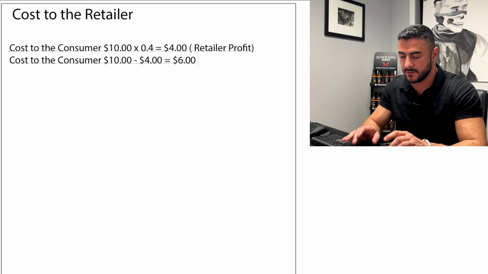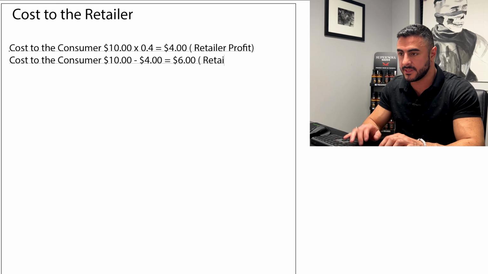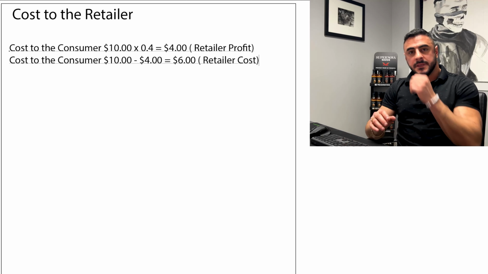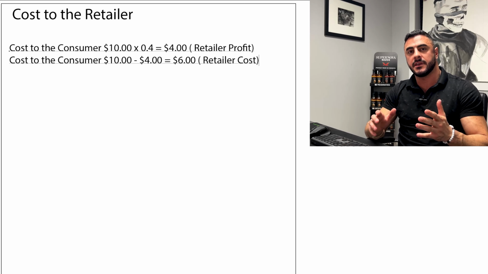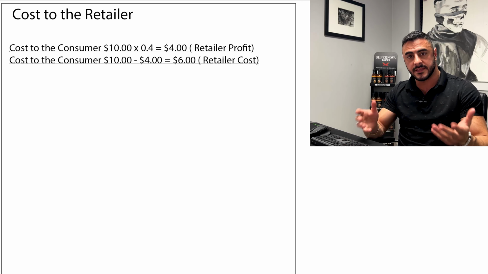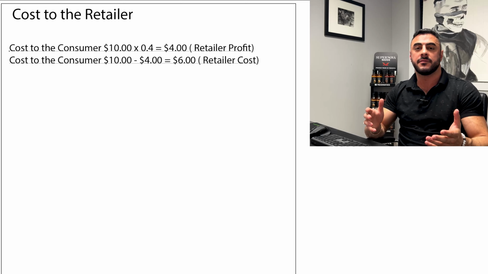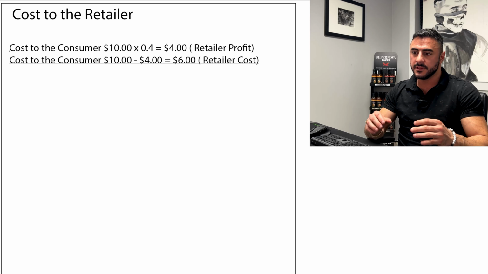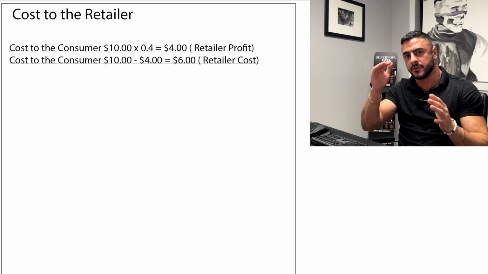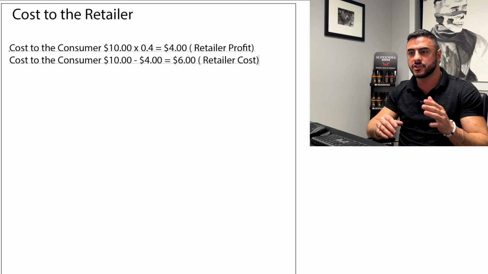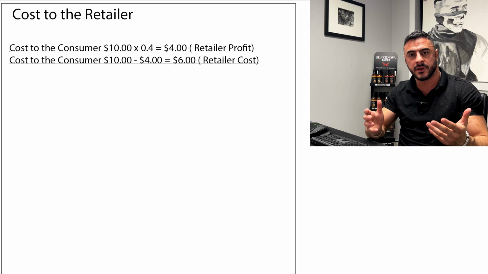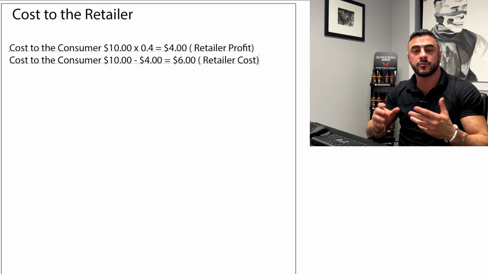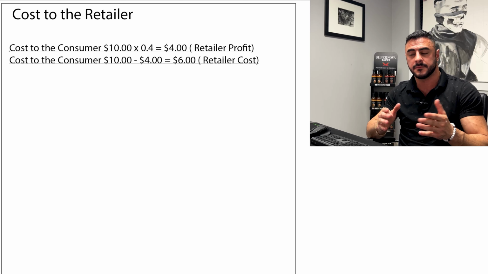This is going to be the retailer cost, which means that you have to sell your product to the retailer for $6 in order for them to sell it to the consumer for $10 and make a $4 profit. This is the basic strategy we're going to use for the rest of the costing and pricing calculations. So at this tier, the retailer's 40% margin gives them a $4 profit, and it's going to cost the retailer $6 to buy your product.